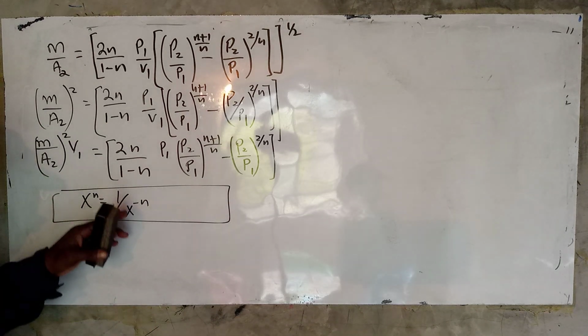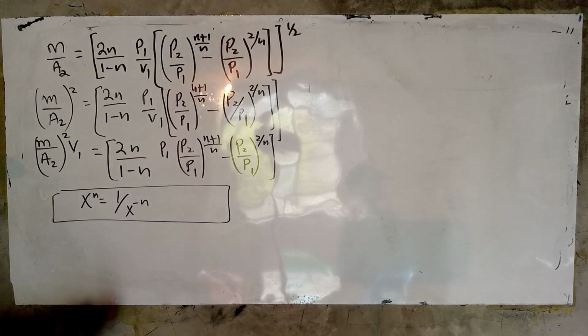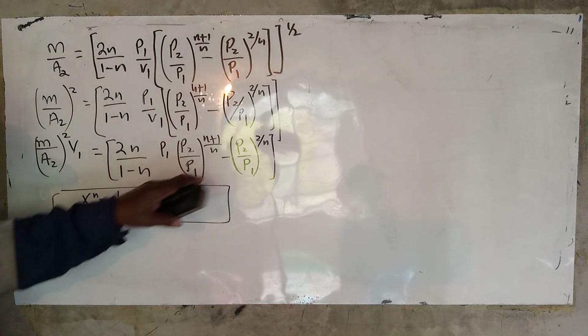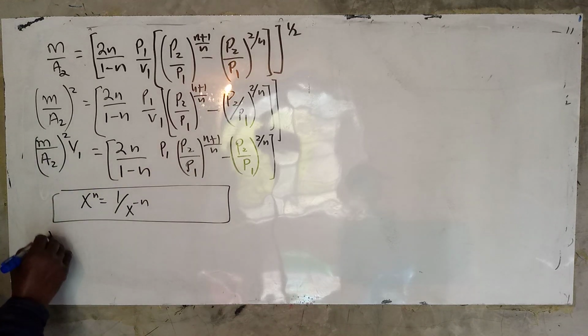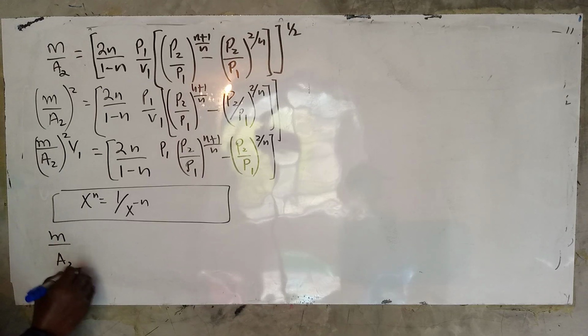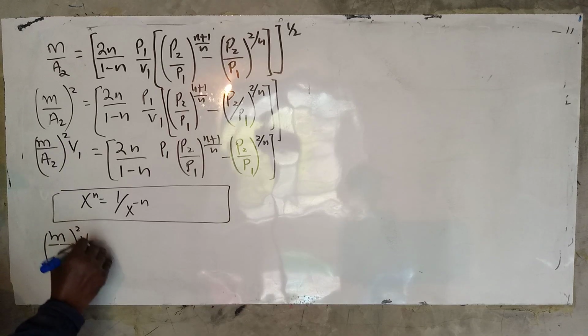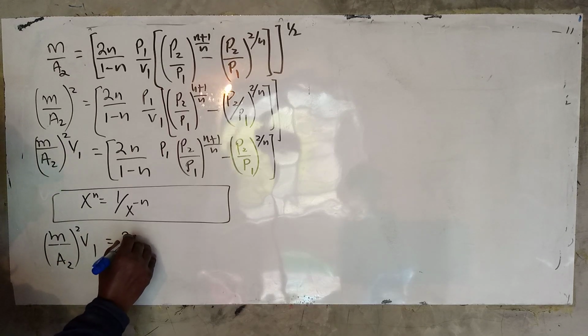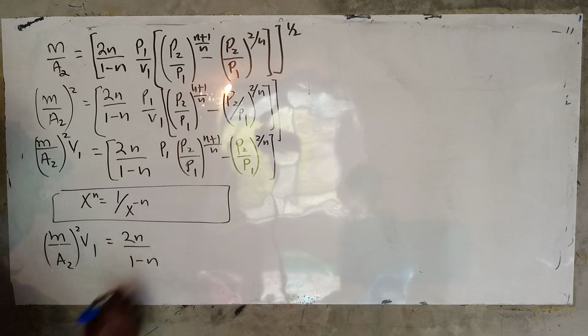That would be 1 over x to the minus n. And so we can apply that here so that we integrate that into that bracket there. So we have m over A2 squared V1 is equal to 2n over (1 minus n).